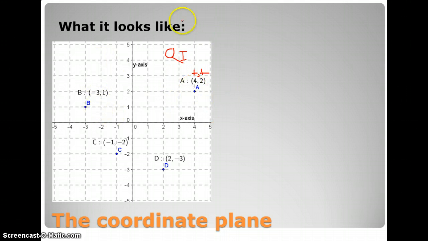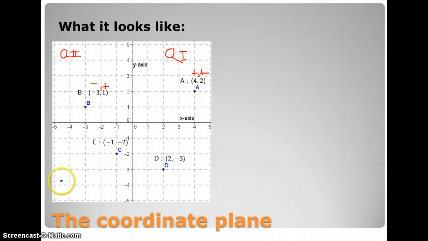In quadrant 2, if we're moving in the counterclockwise direction, this is quadrant 2. And you'll notice we're using Roman numerals for this. We have a negative x value and a positive y value. It's a positive y value because we're above the x-axis. And it's a negative x value because we're to the left of the y-axis.